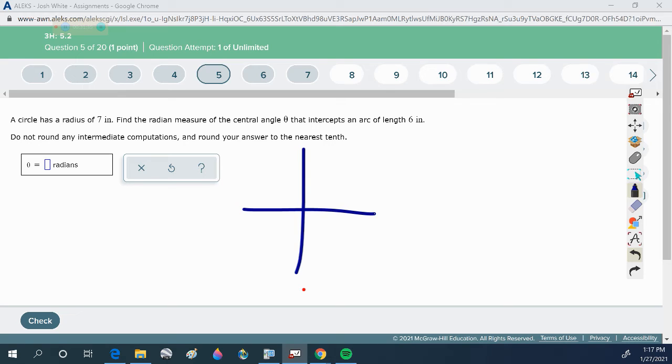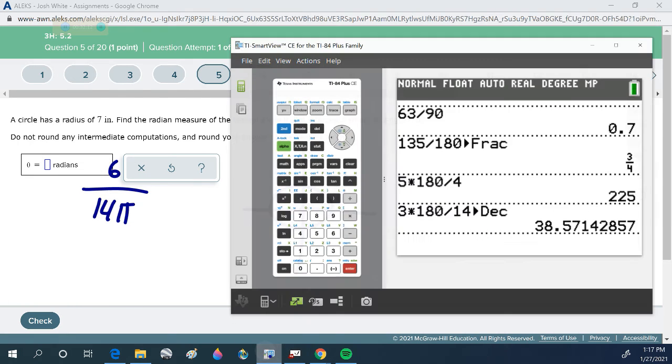Find the rate. Okay, I just wanted to make sure that it wasn't in degrees. How would we figure that out in degrees? If this is 7 and this is 6, how big is the entire circle? It's 14 pi, right? And we only used 6 out of 14 pi, and that will give me a percentage. I think I'm making this more complicated than I need to.